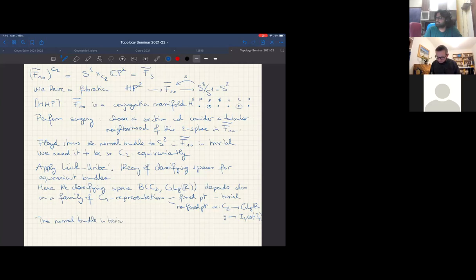is trivial, and we will then be able to perform surgery if and only if the classifying map, let's say F, from our 2 sphere, which is a representation sphere in the base space with the action of C mod 2, and this bundle is classified by a map into this classifying space for an equivariant bundle, and the normal bundle is trivial if and only if this classifying map is null homotopic equivariantly.